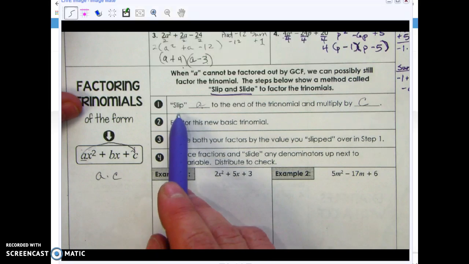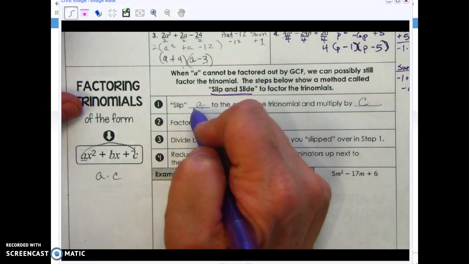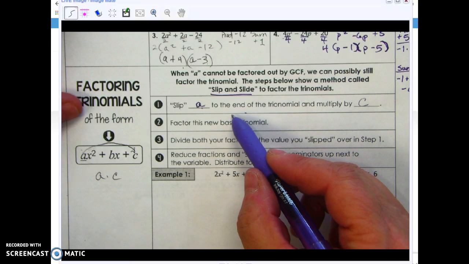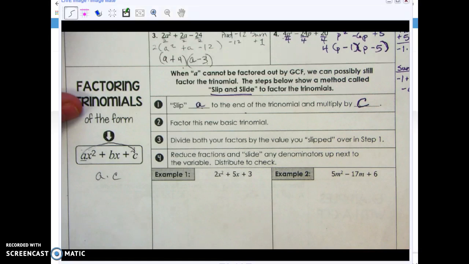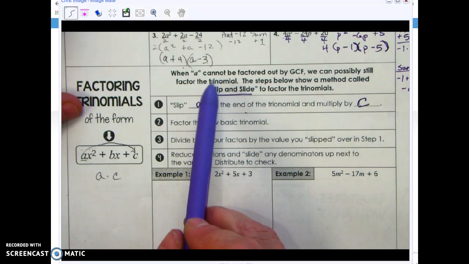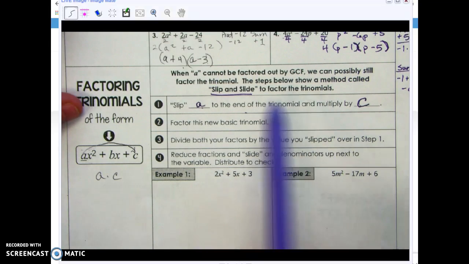So what do we do? We take a, this first term, and we slip it over to c. So there's our a, and we slip it to the end of the trinomial and multiply it by c. Then we have a trinomial that will look like one of those above after we got the greatest common factor out. A will be 1.